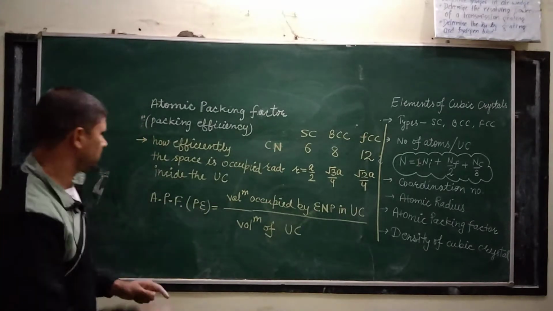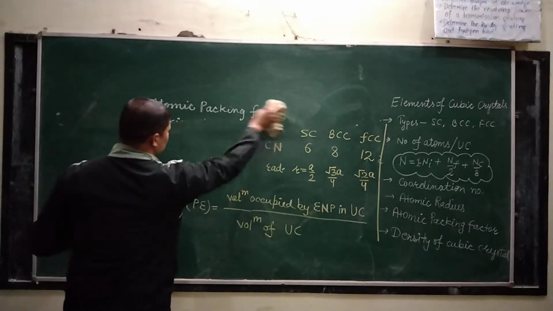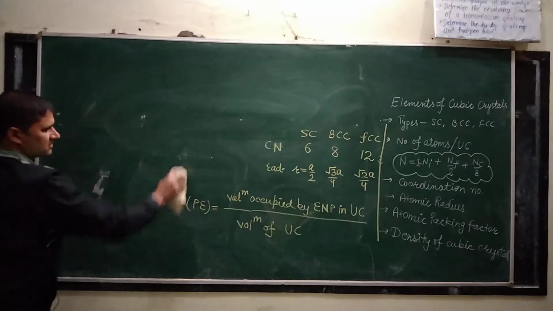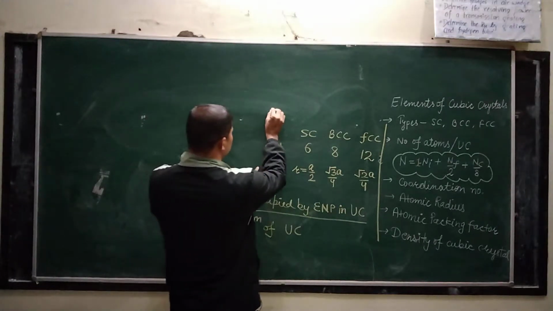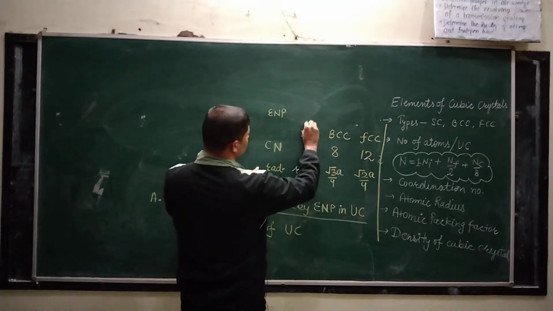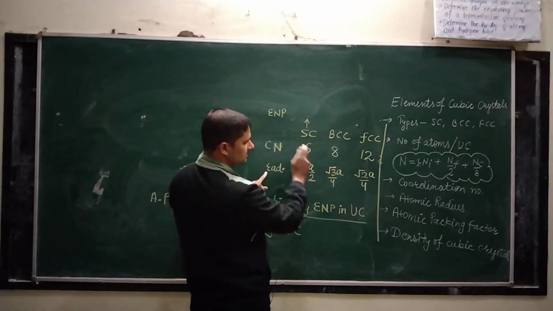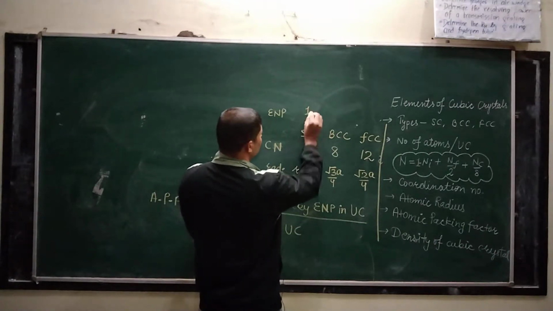Okay class, so now we will see it for simple cubic. Let me write the effective number of particles for simple cubic. I have calculated it, and this is 1.